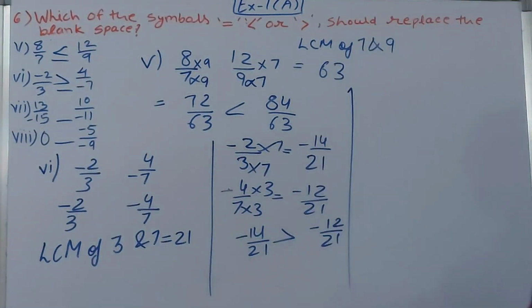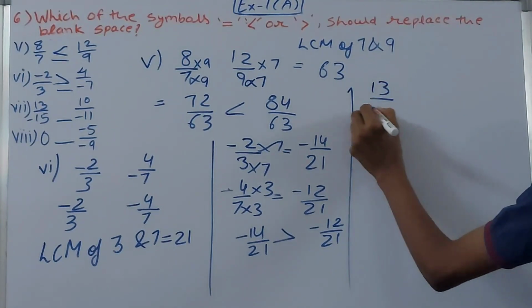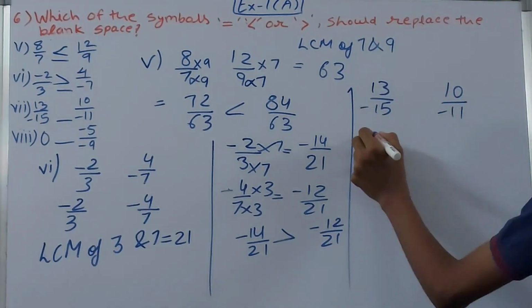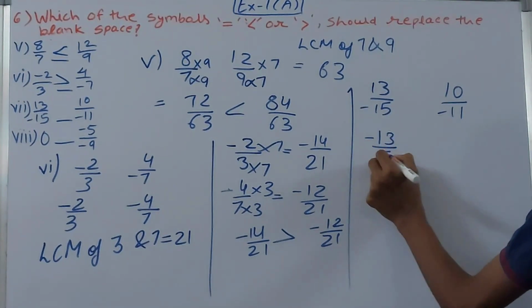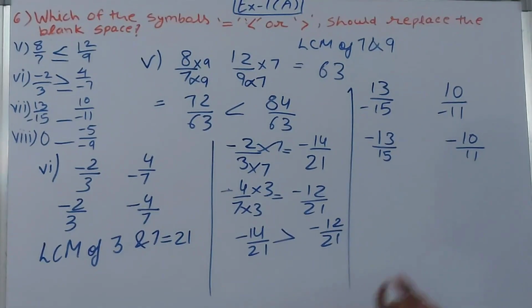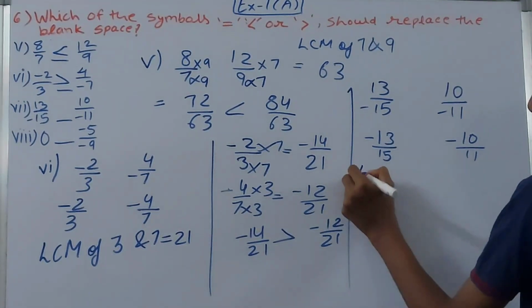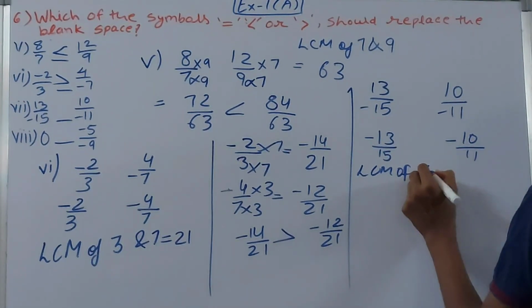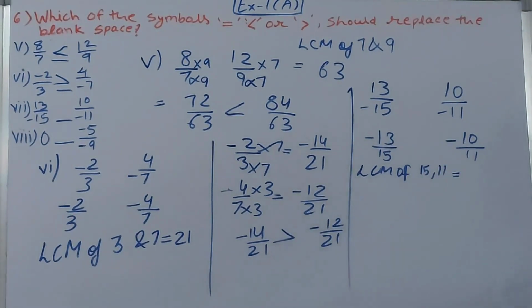Last one, right? We have 13 by minus 15 and 10 by minus 11. So take the minus signs to the numerators. Minus 13 by 15 and minus 10 by 11. Now again we're going to make the denominators the same. So LCM of 15 and 11, right? So what is the LCM of 15 and 11?